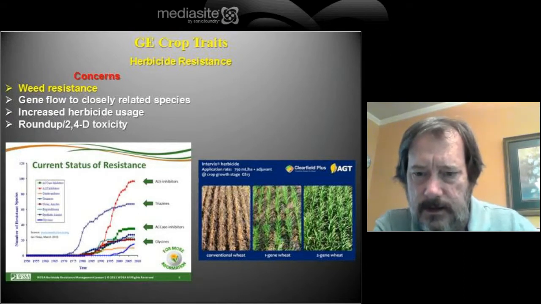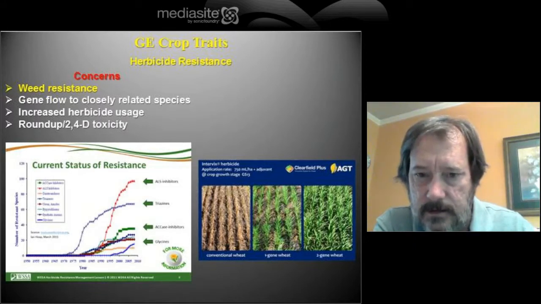Now on the right, we have another herbicide resistant, or weed resistant, system, and this was created using mutation breeding. It has nothing to do with genetic engineering, and it's used in these.